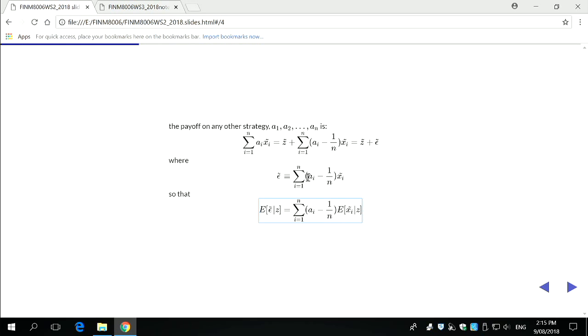I can pull this part, alpha i minus 1 over n, outside the expectation because these are all known numbers, not stochastic variables. So all we need to do is show this is equal to 0.